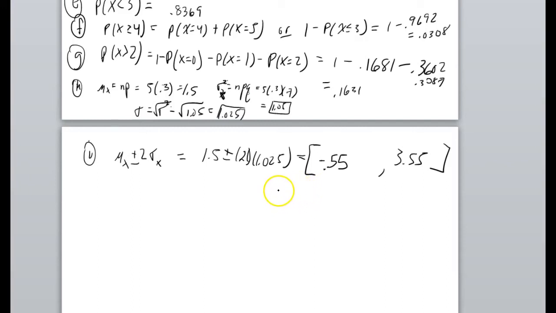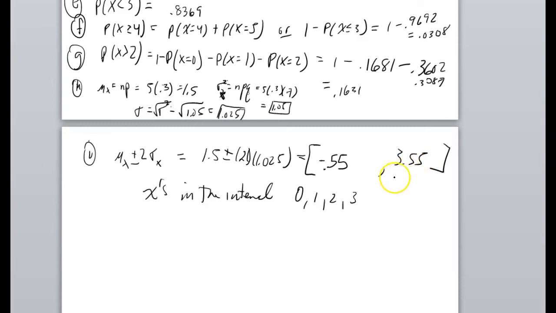The x's in the interval would be 0, 1, 2, 3, but not more than 3, right?